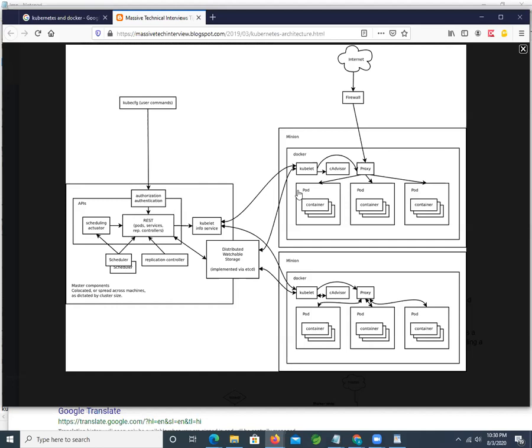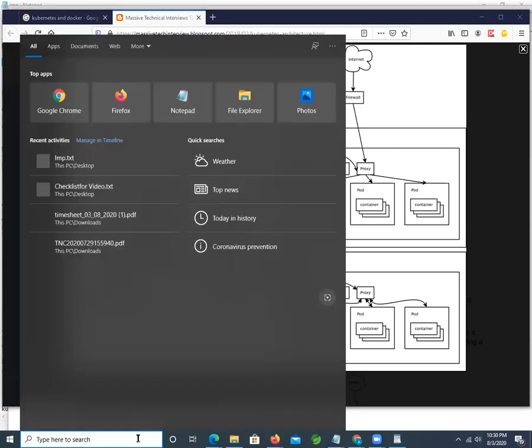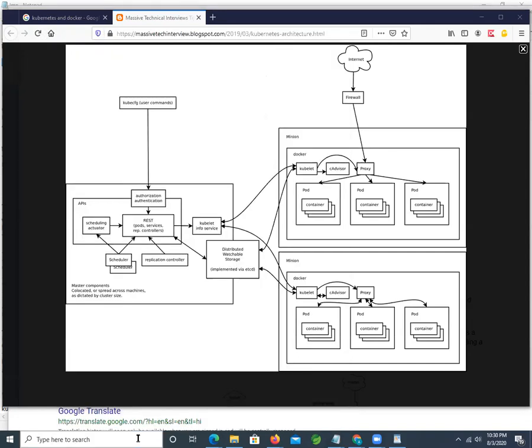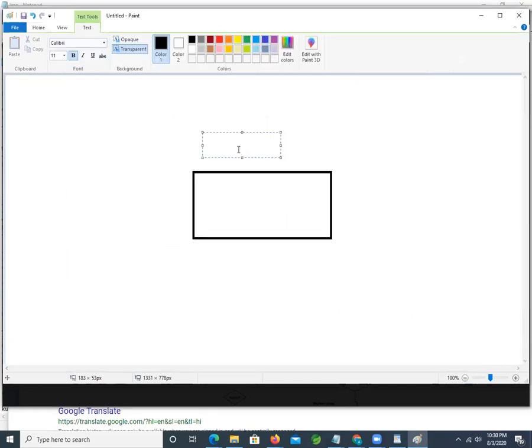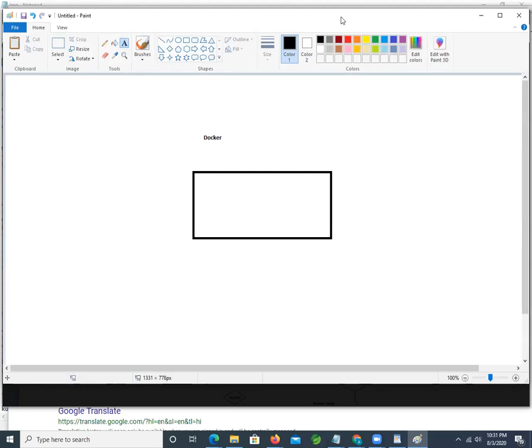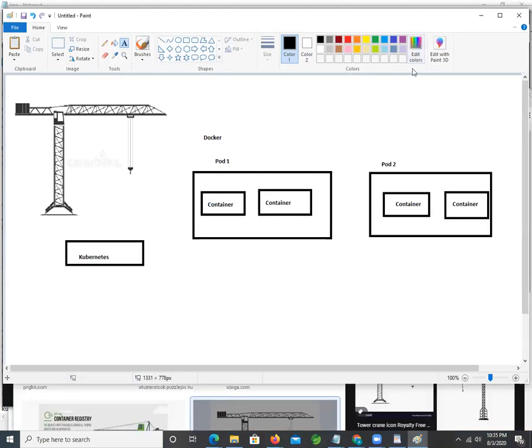But as I know, let's analyze what we did. We took a Docker, and to summarize, we have a Docker and we have containers, right?